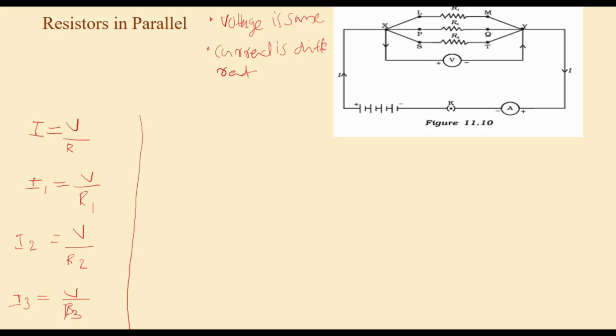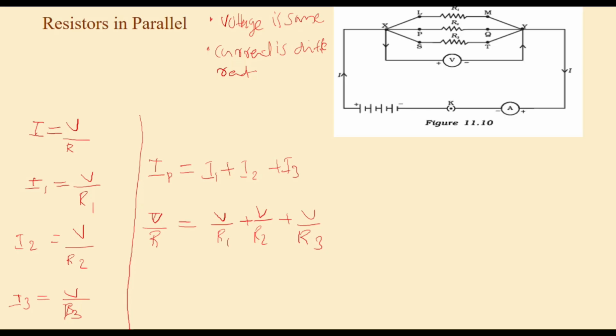So finally find the total current in parallel: I_P is equal to I1 plus I2 plus I3. I_P we can write as V by R, is equal to V by R1 plus V by R2 plus V by R3.